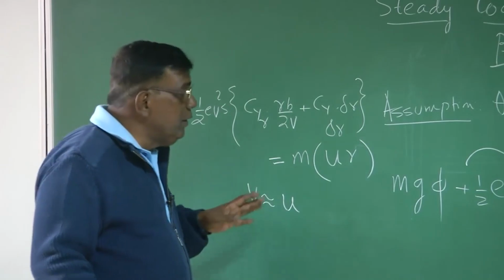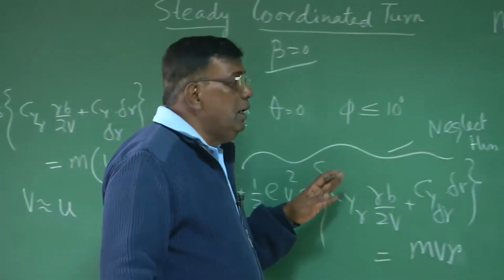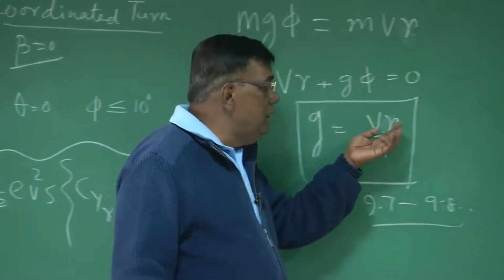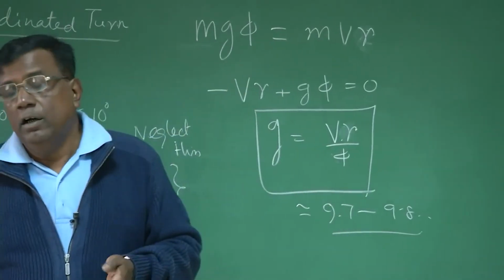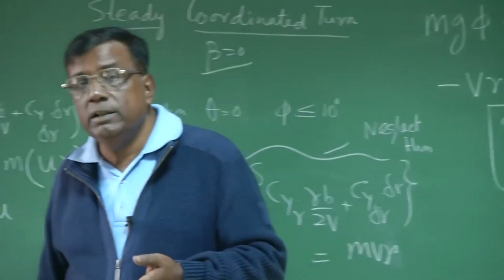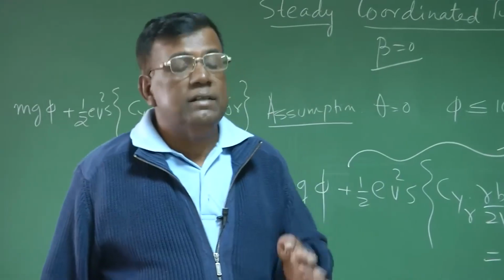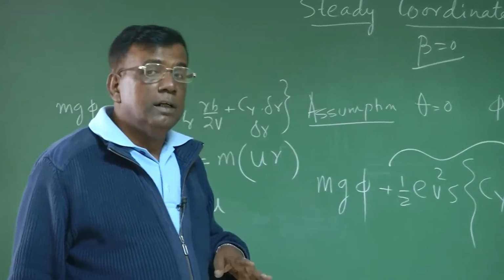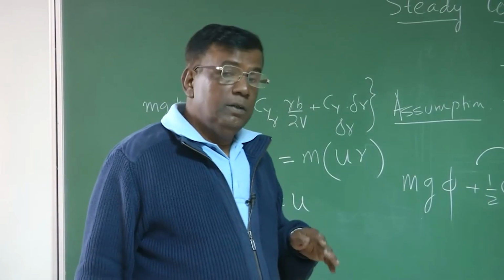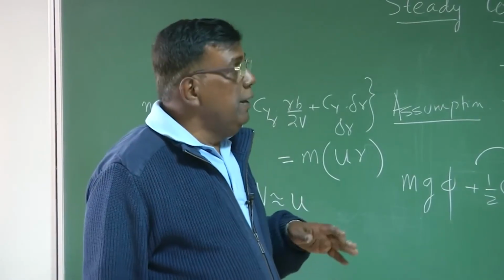Clear? But do not forget, for a steady coordinated turn, you are supposed to measure yaw rate. You have to tell the pilot, I want to take a turn at 90 degrees or 180 degrees. You should have a stopwatch. As he starts taking a turn, ensure that he is doing a coordinated turn, no loss of altitude, and the speed should remain the same.